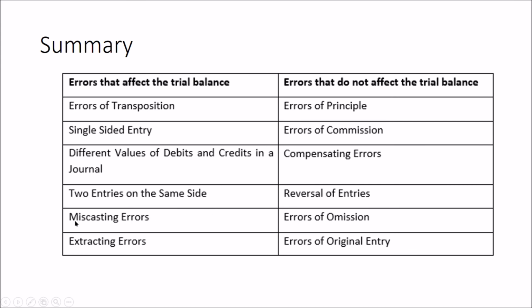Miscasting is like where, let's say, I've got my T account and I've added up all the debits and the credits. I'm creating my carried forward balancing figure, and I get it wrong. And so I've got a wrong carried forward balancing figure, so I've got a wrong brought forward balancing figure. I've miscast the account. Or alternatively, I've added up my sales day book and I've added up the VAT column incorrectly.